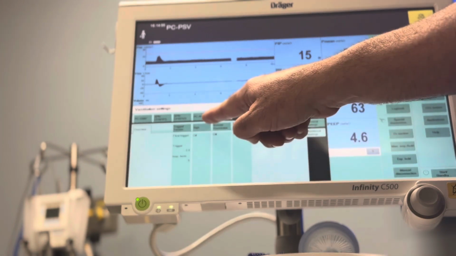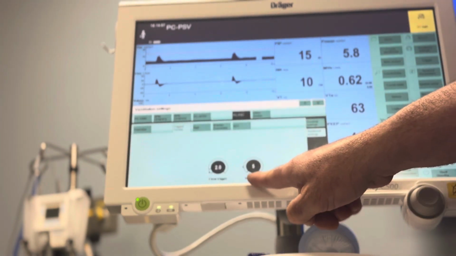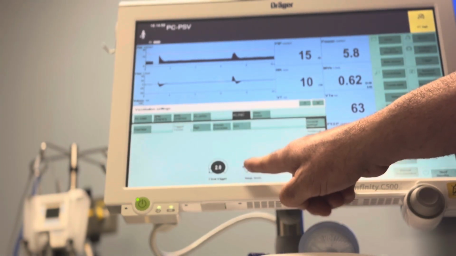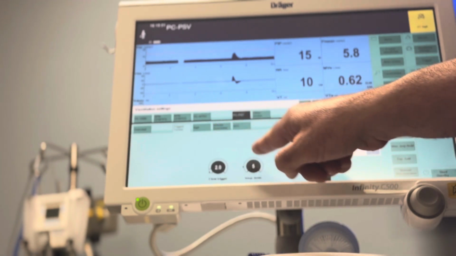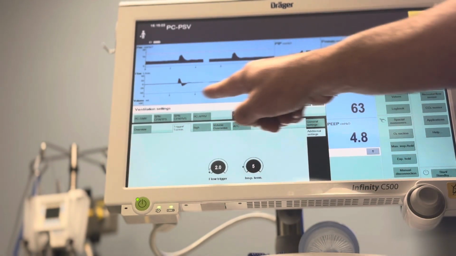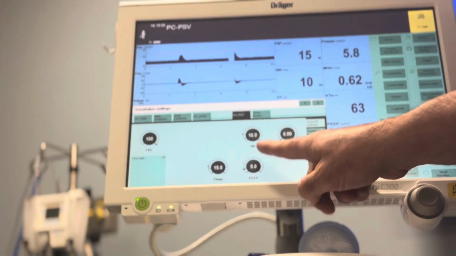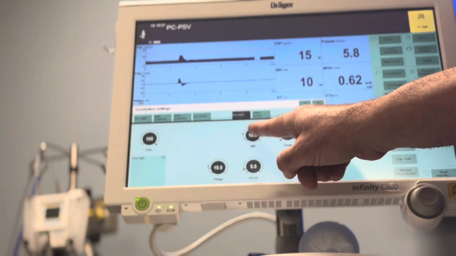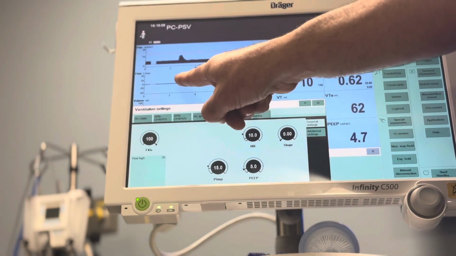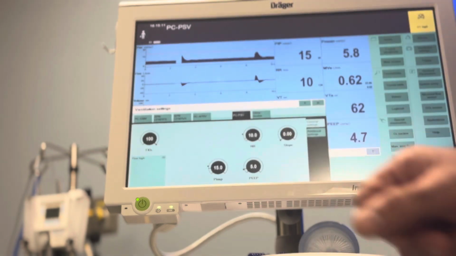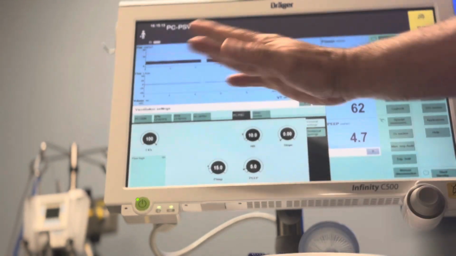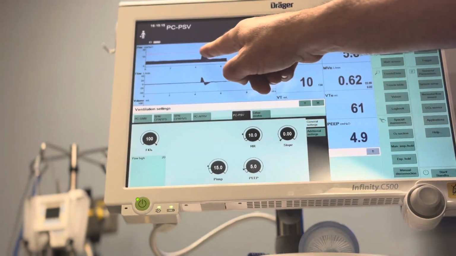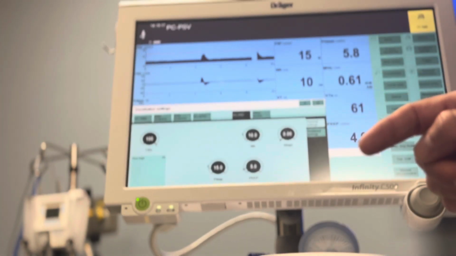So when we go to trigger, we can see our inspiratory termination setting is set at 5%. And that is governing even these breaths. Even as he sits here and doesn't breathe at all and rides the vent rate that you have, this I time is not set to a time frame. It's set to a flow termination, and that's what's governing how long this pressure is being held for.